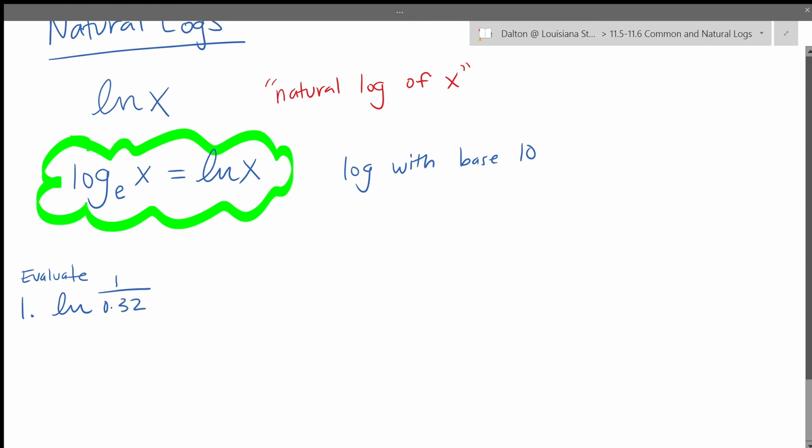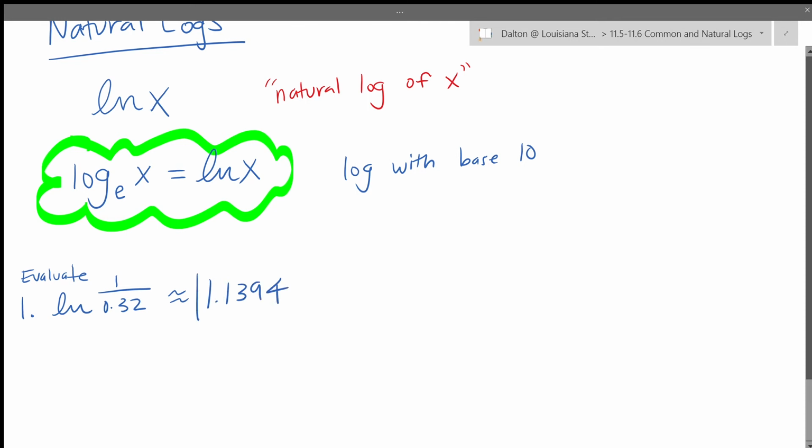In your calculator, you use the natural log button, which is right below the log button. It says ln. So if I want you to evaluate this, you hit the ln button, and you put 1 over 0.32, and you'll get approximately 1.1394.